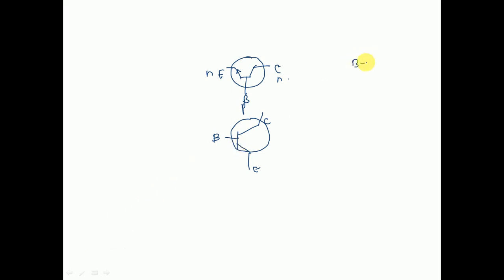The base and emitter junction has to be forward biased. This is your input circuit, where your EI has to be superimposed on top of the VBB. And your collector junction is reverse biased; that is your output circuit, and the E output you will be obtaining in that particular circuit only.